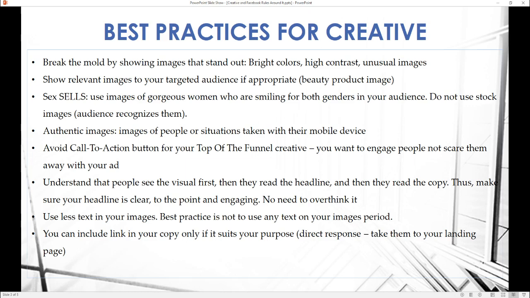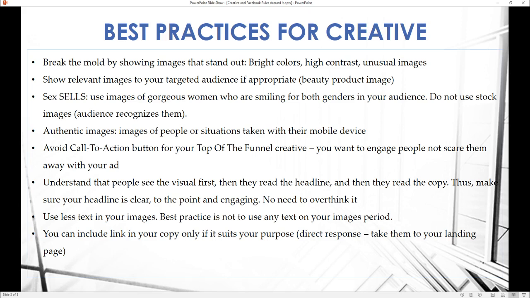So now I'll go back to another best practice, and that is to avoid a call to action button for your top of the funnel creative. So this is only if it applies to that audience, to your Facebook ad funnel strategy.